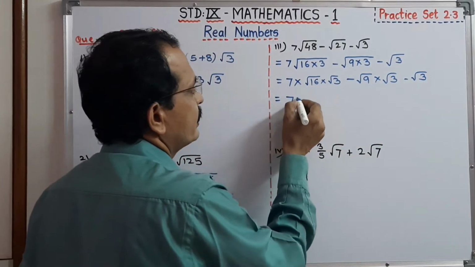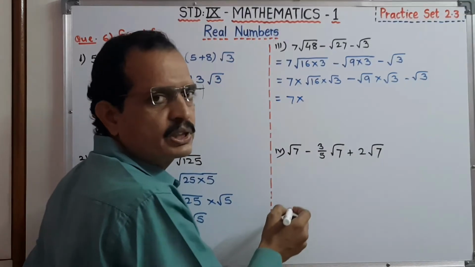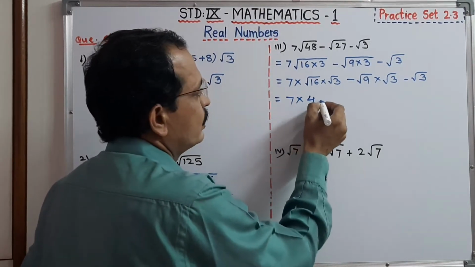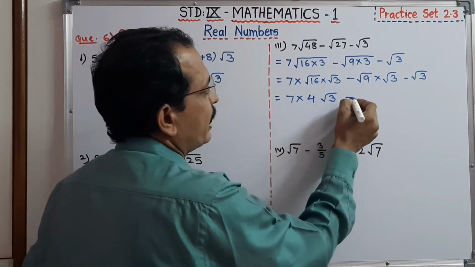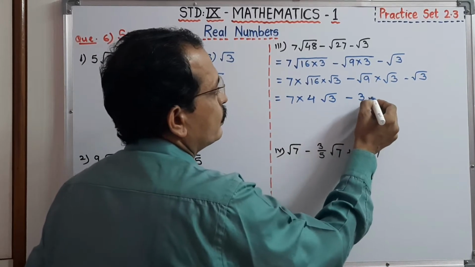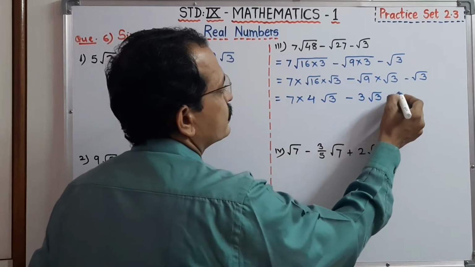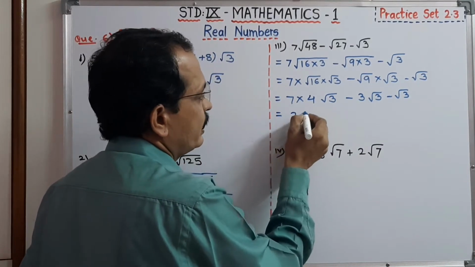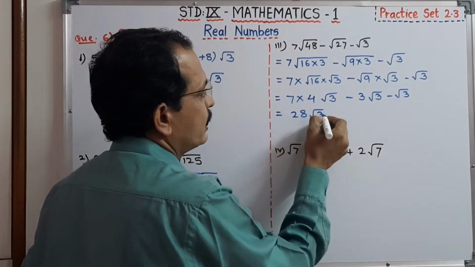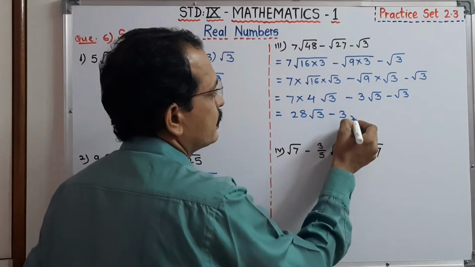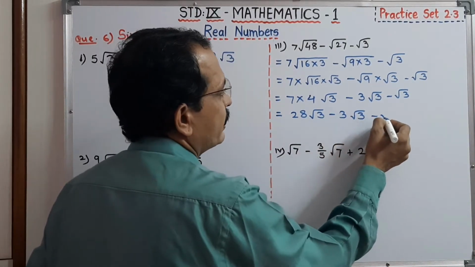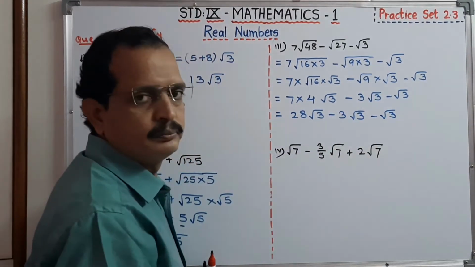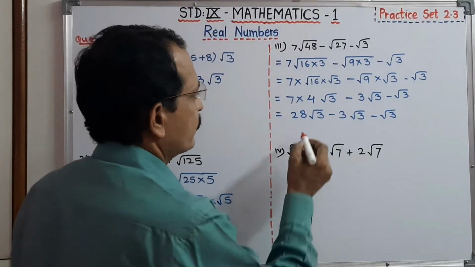Now see here, 7 into square root of 16, it is 4 root 3, minus 3 root 3, minus root 3. Now 7 fours are 28 root 3 minus 3 root 3 minus root 3. Now observe this carefully.